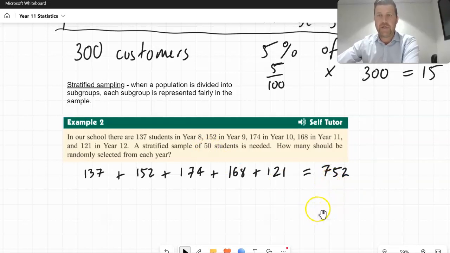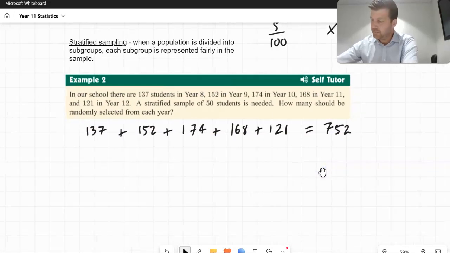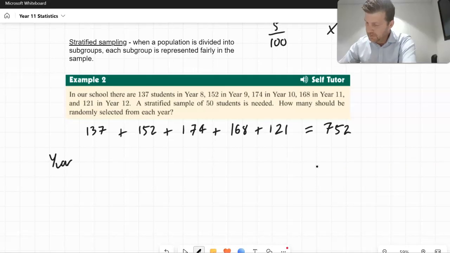Now, how many from each year level do we choose, okay, for it to be fair? So, to work it out, for the Year 8s, there will be 137 over the total number of students, which is 752, times by the sample size, which is 50.